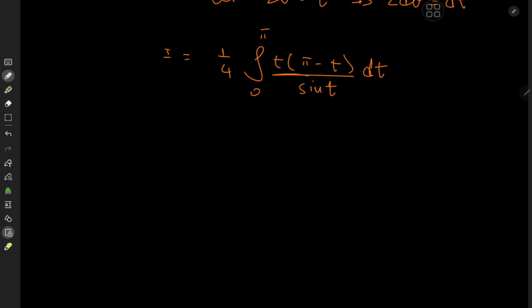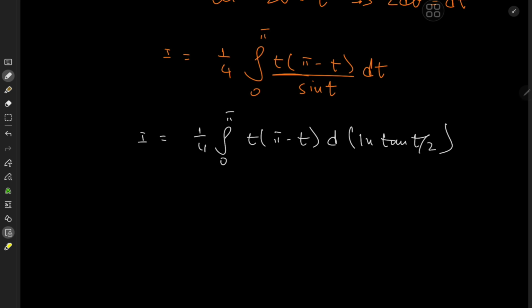Well, it's back to the basics with integration by parts. We have 1 over sine, which is the cosecant function, and we have a nice antiderivative for that. So I here equals 1/4 of the integral from 0 to pi of t times pi minus t d log tangent t over 2. That is the antiderivative for cosecant. So carrying out the integration by parts gives us 1/4 of what exactly?